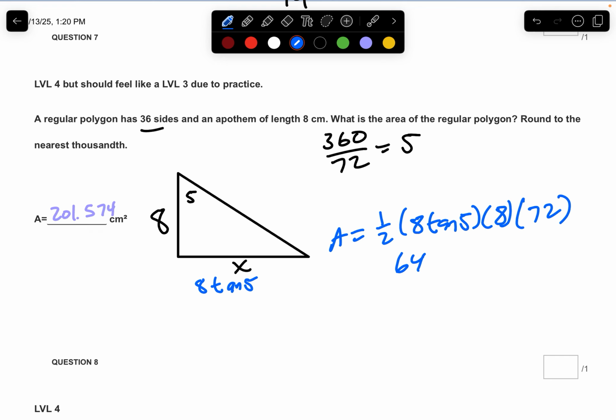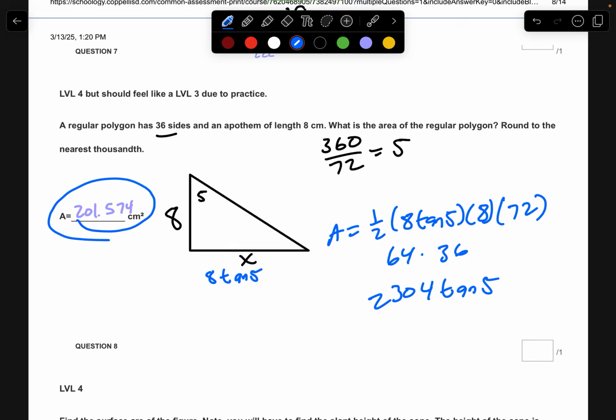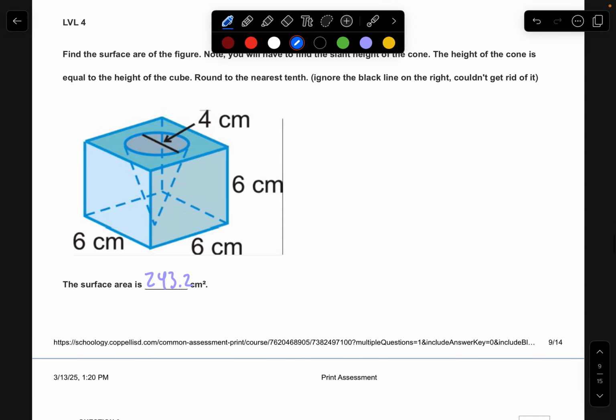So we have 64 times 36. I'm going to type it in. 64 times 36. We have 2304 times the tangent of 5. And I get 201.574. Perfect. Love it. Let's make sure we're good at those.